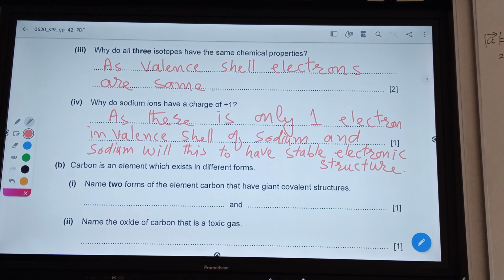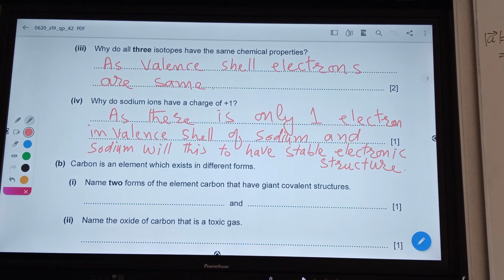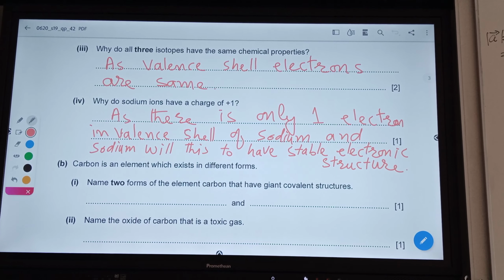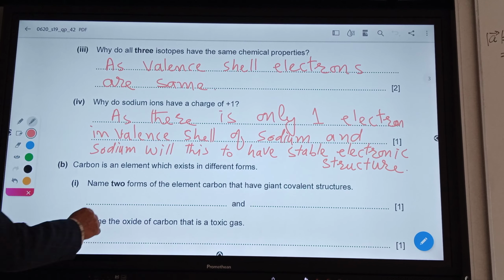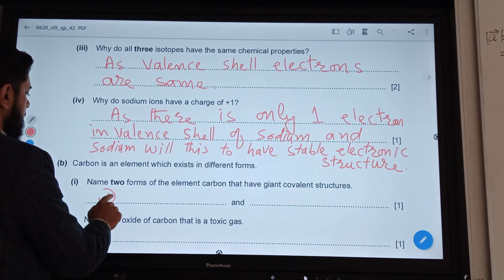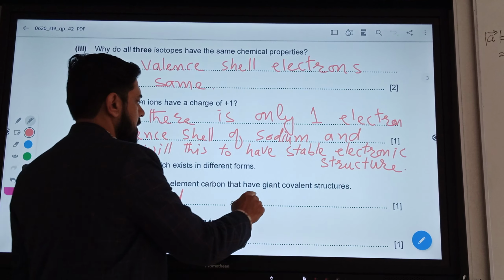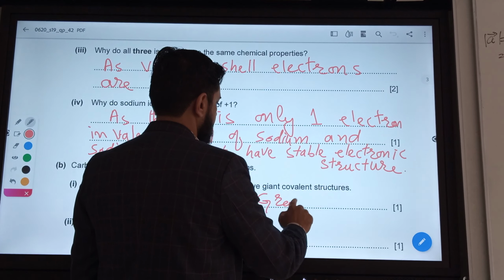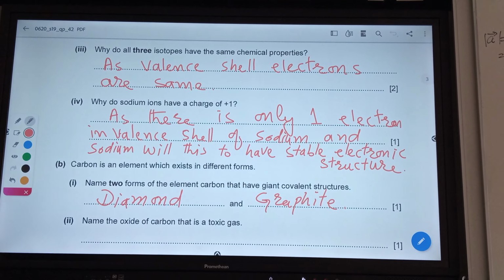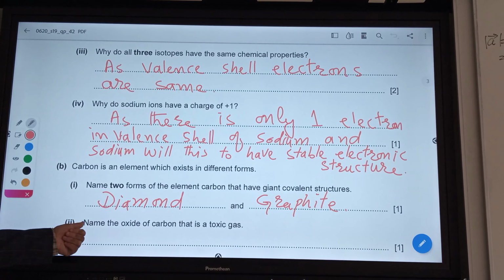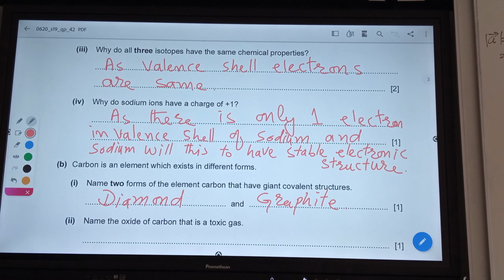Next, carbon is an element which exists in different forms. Name two forms of the element carbon that have giant covalent structure. So simply we can say diamond and graphite. Next part: name the oxide of carbon that is a toxic gas.